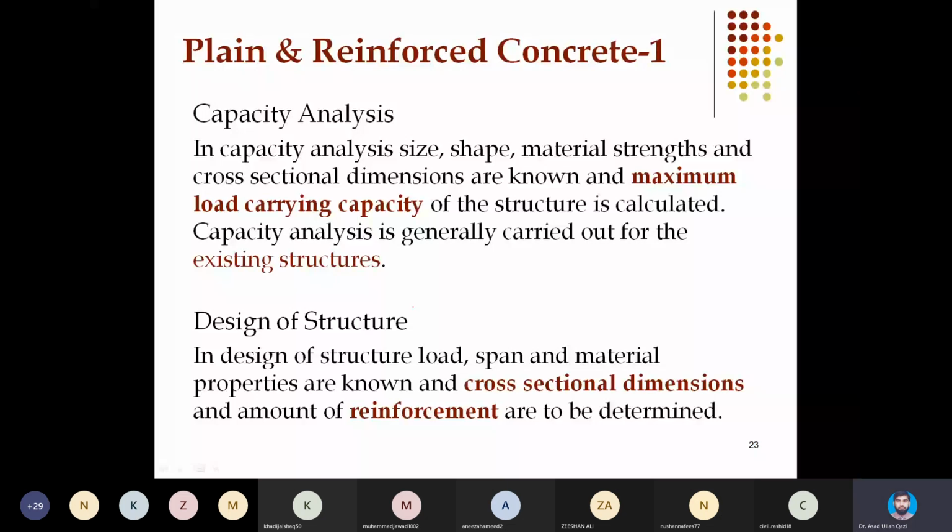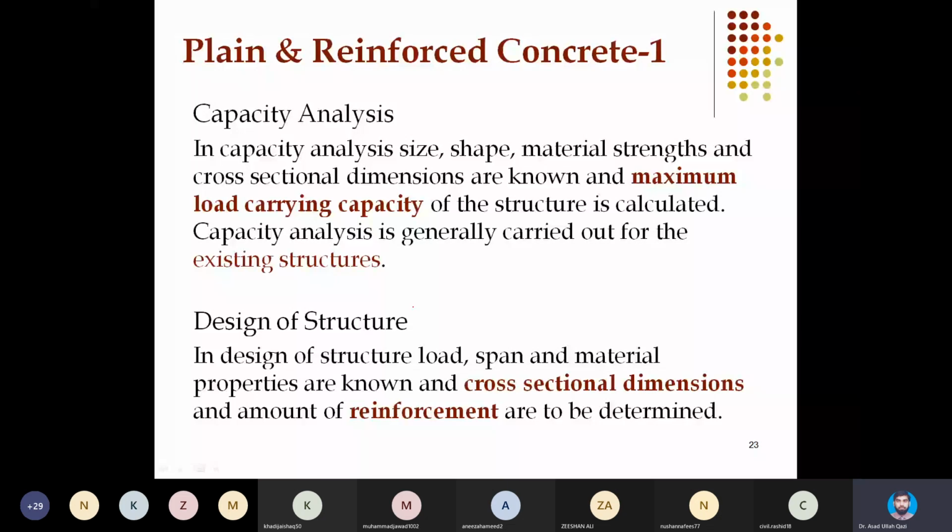So rather than providing you load and asking you that against this load, what would be the size and detailing of structural members, against this load, tell us what should be the cross section depth, cross section width, steel reinforcement area, concrete strength, steel strength.